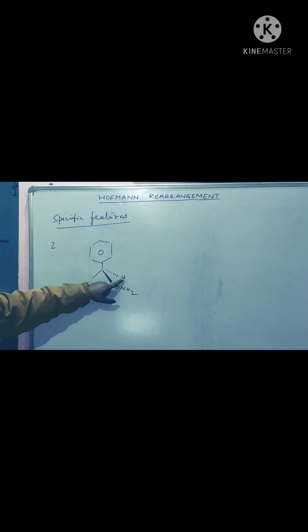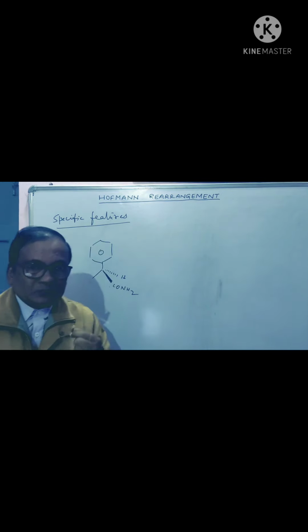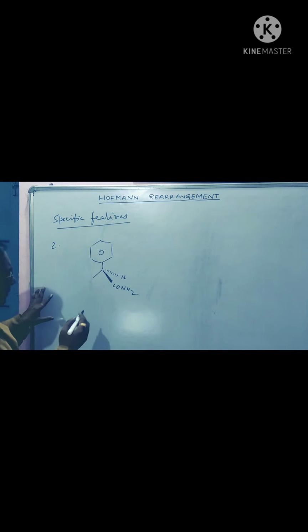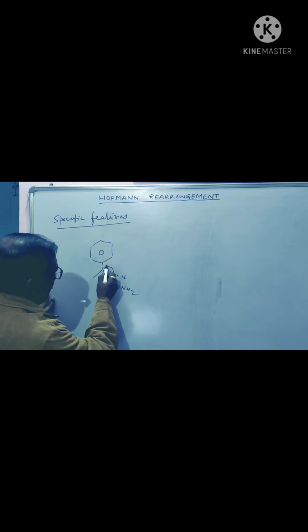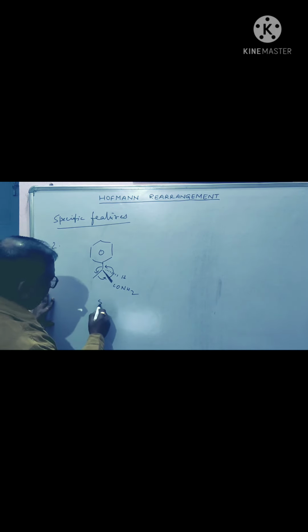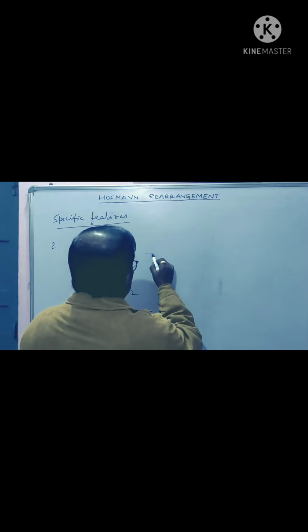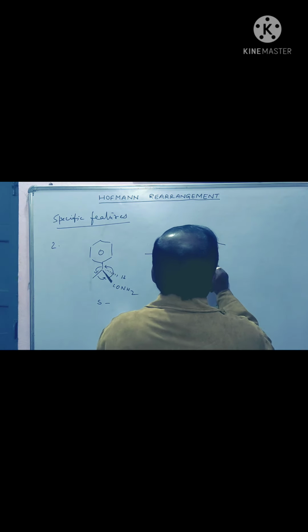It is methyl, it is hydrogen, it is amide, means this carbon is optically active. This carbon is asymmetric. This carbon is chiral. And it is S. And this amide is subjected to Hofmann's rearrangement.